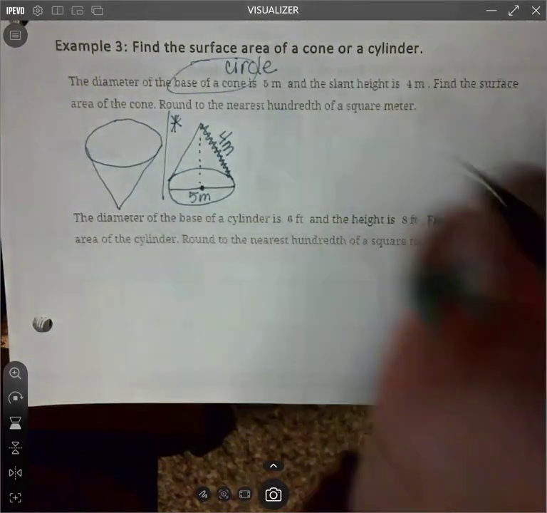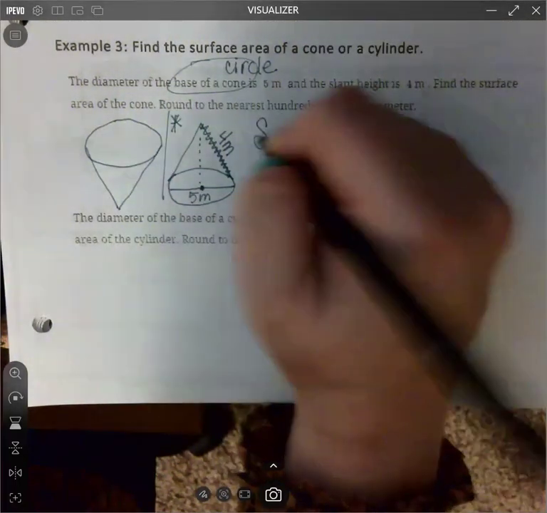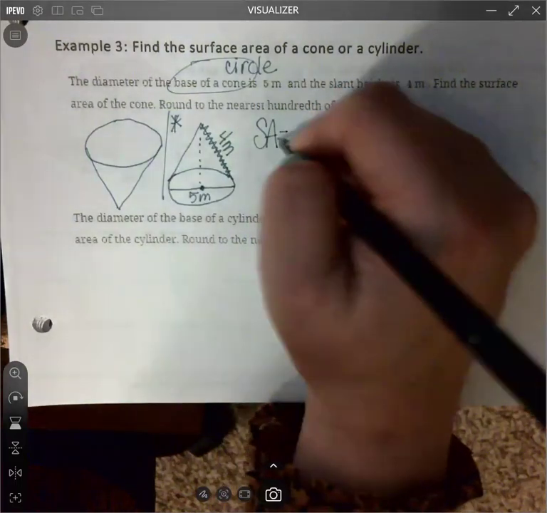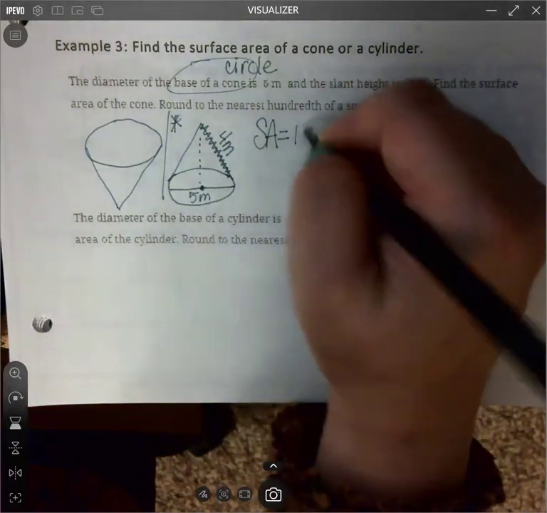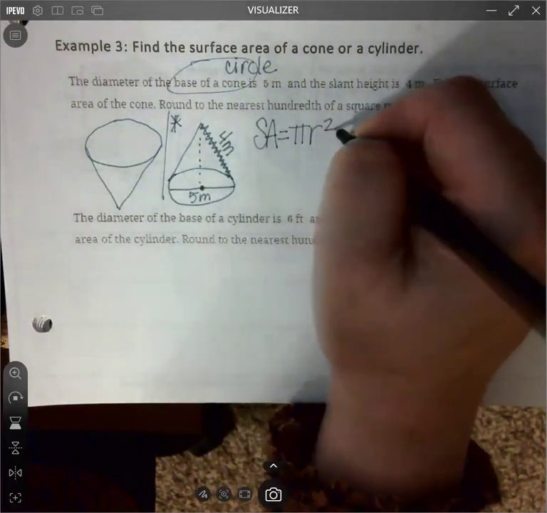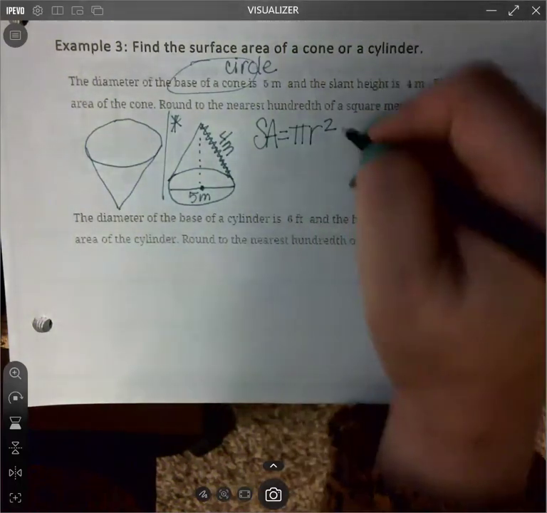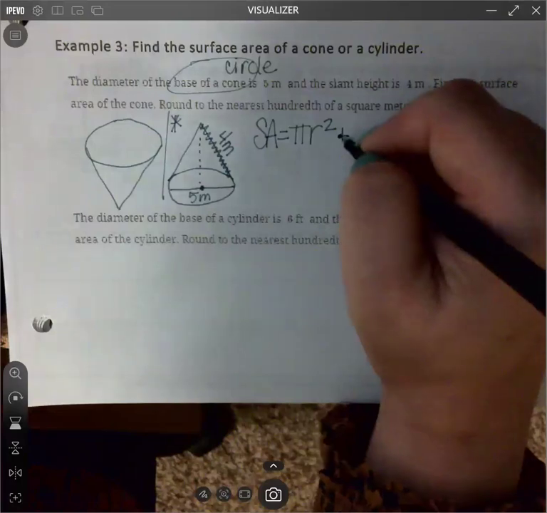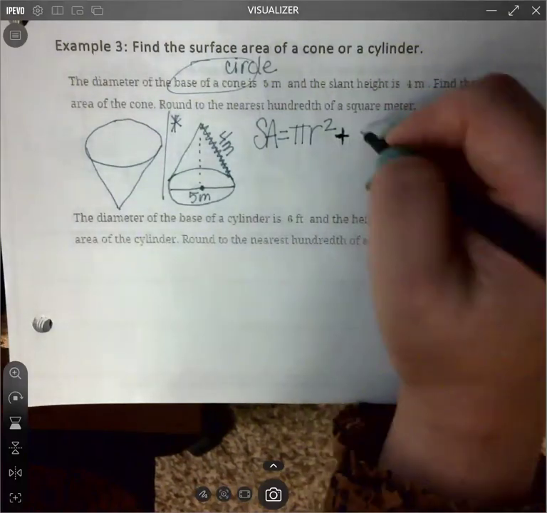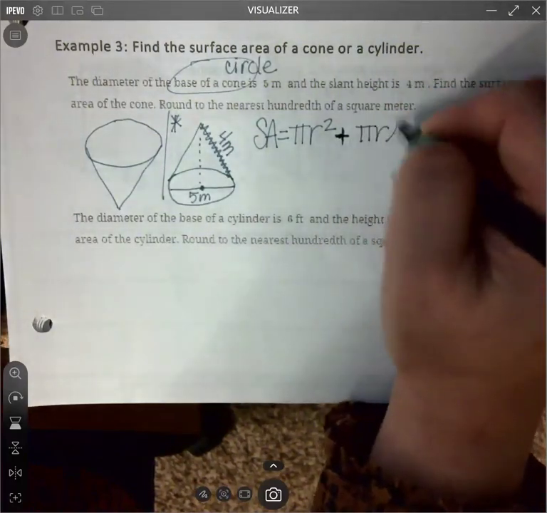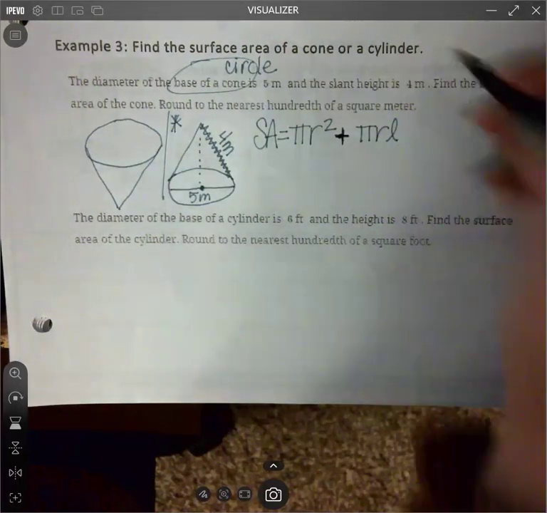Find the surface area. Well, my surface area formula for a cone is pi r squared. That means pi times r plus pi r L. Notice I wrote L kind of funny.